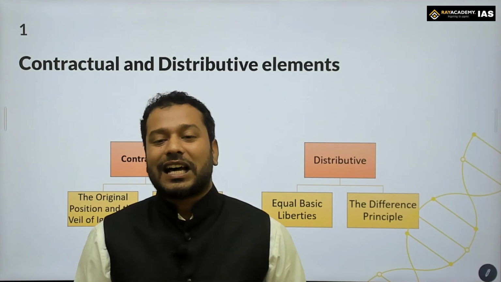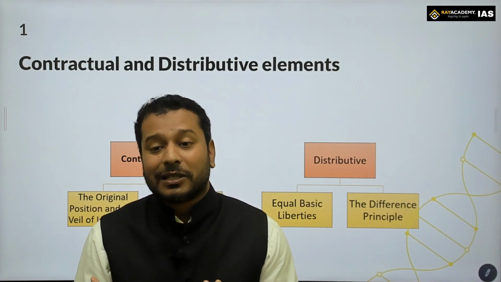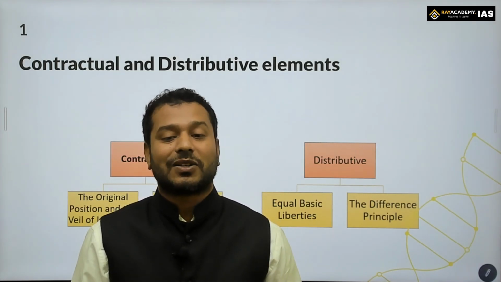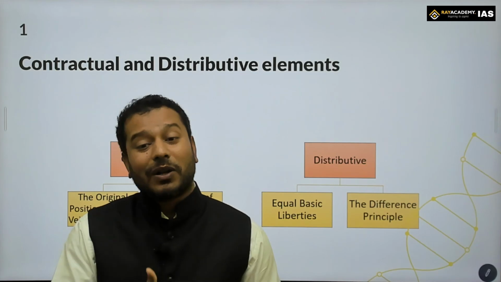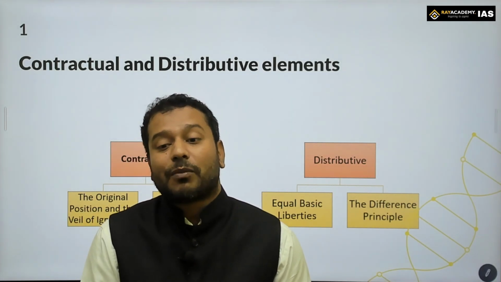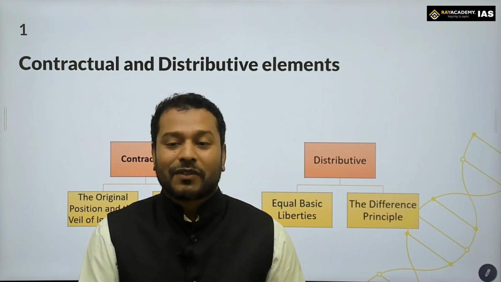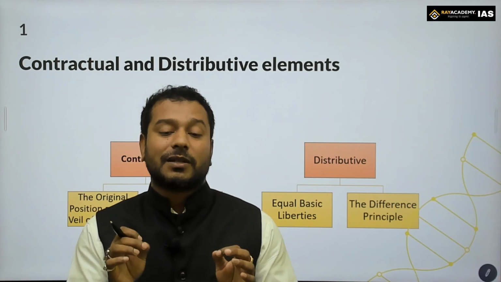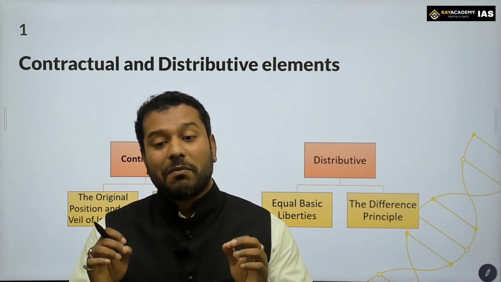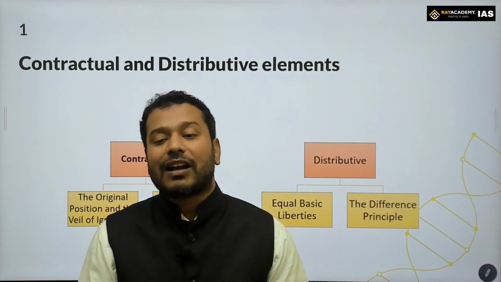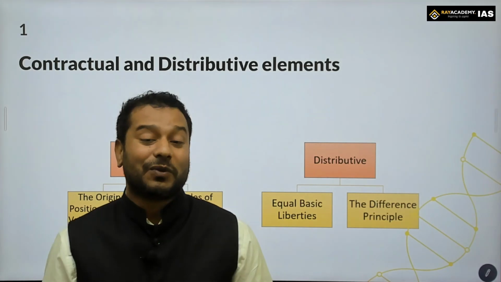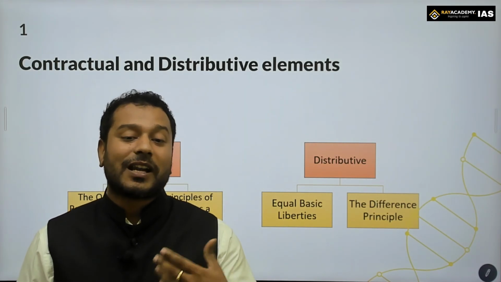These individuals are behind a veil of ignorance, meaning they don't know their social economic status, their talents, or even their conception of what is good and what is bad. So the veil of ignorance ensures that the principles chosen are fair and impartial, as no one can advantageously tailor the rules for their own benefit. So this is what we are understanding, the original position.